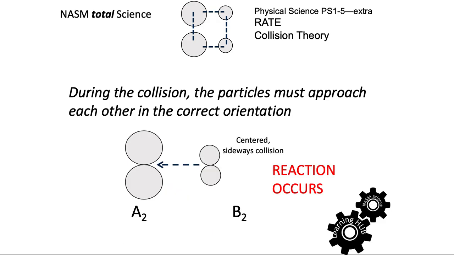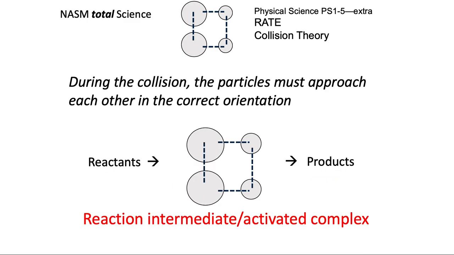What you actually need is a direct hit of the particles with the correct amount of energy colliding for a reaction to occur. So you're going to form a reaction intermediate. You haven't got the reactants, you haven't got the products, and so this is the activated complex of A2 and B2.